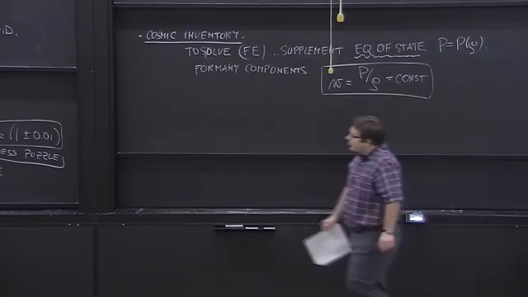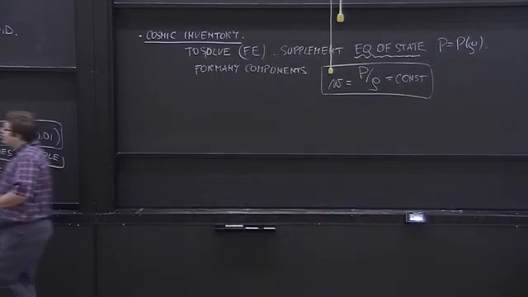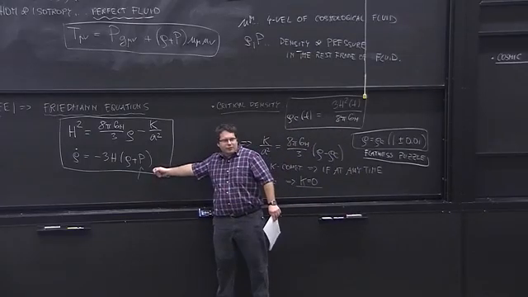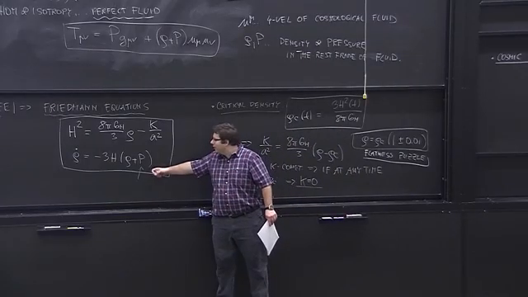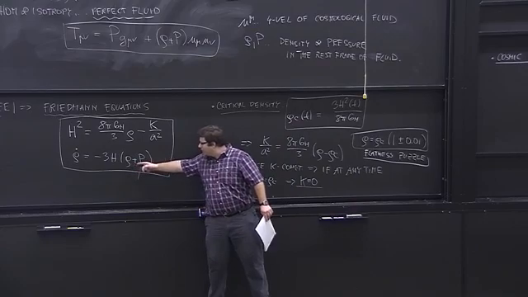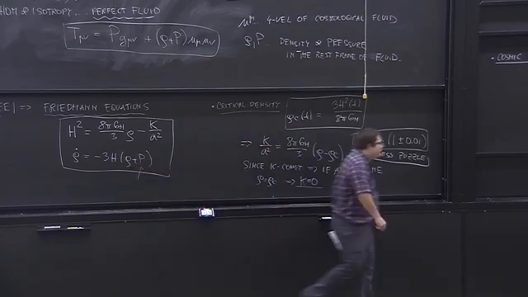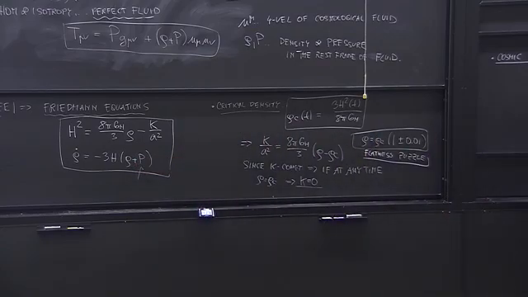Okay, so if this is true, then we can very easily solve the continuity equation. We have rho dot, and then rho plus P is 1 plus W times rho. So the continuity equation means that rho dot is minus 3H times 1 plus W times rho.